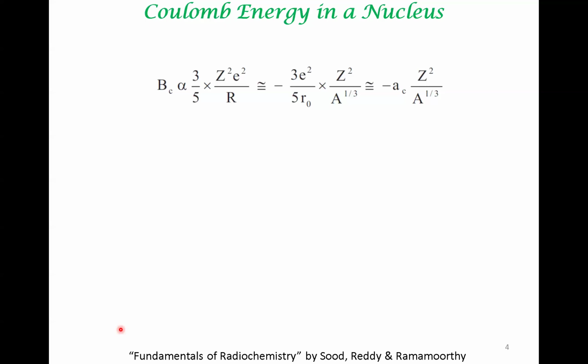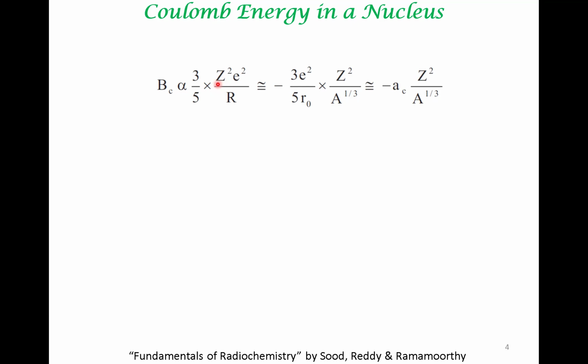So the next term to incorporate is the Coulomb energy term. From classical electrostatics, it can be shown that if ZE is the charge, where Z is the atomic number, each nucleus has Z protons.